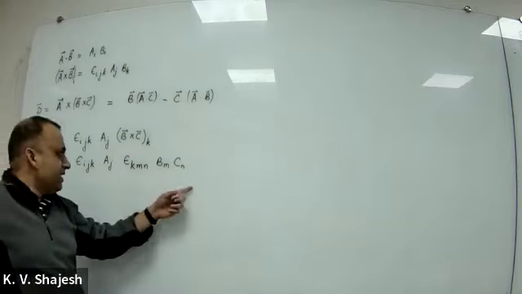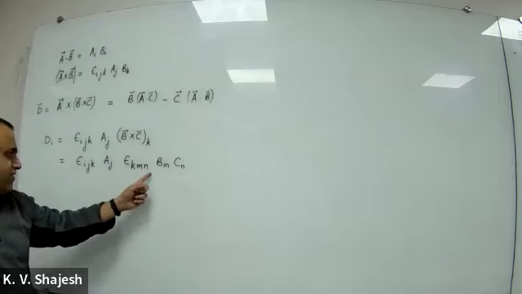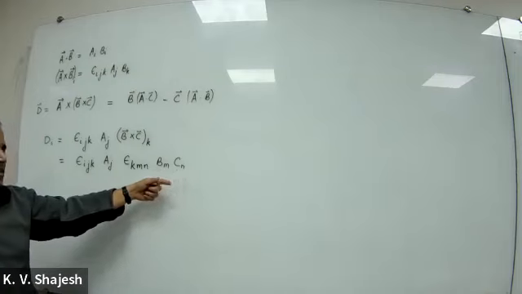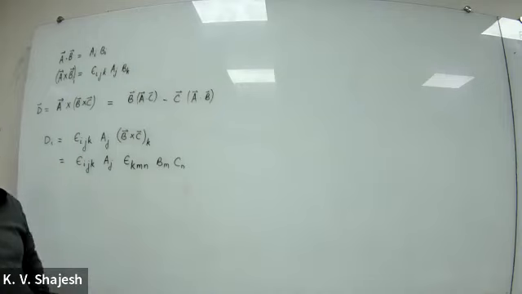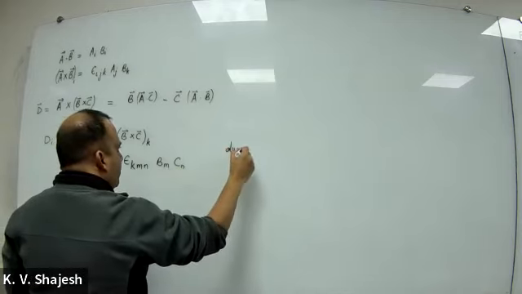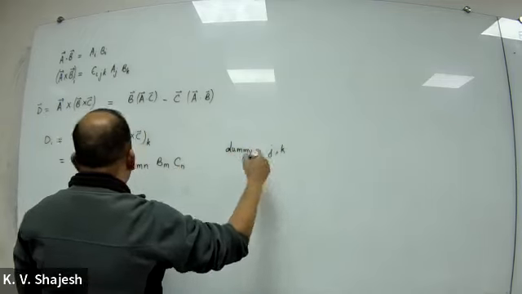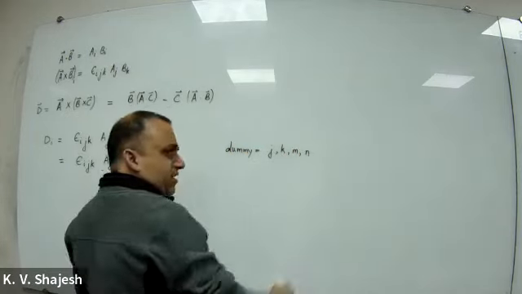How many indices are there on the right side? 3, 4, 7, 9 indices on the right side. How many dummy indices? 2 and 2. J is a dummy, K is a dummy, M is repeated so M is dummy, N is dummy.